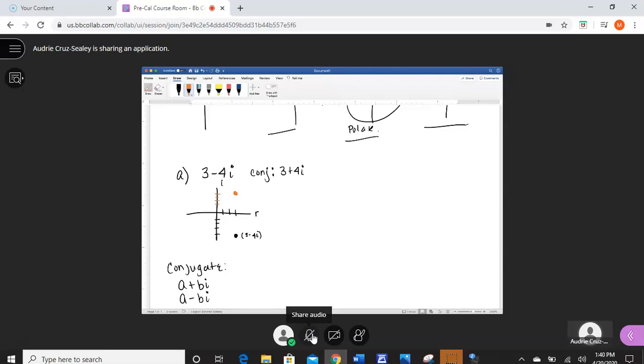This is me graphing its number and then the conjugate as well. Then I have 2 more for you. I have B, which is negative 2 minus 3i, and I have C, which is negative 4 plus i. I want you to graph this number, but I also want you to graph its conjugate.